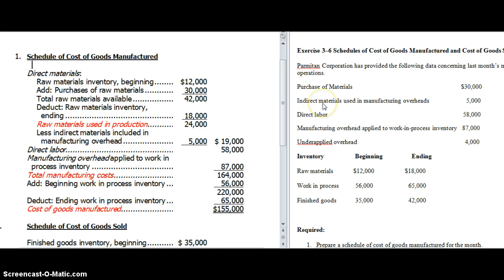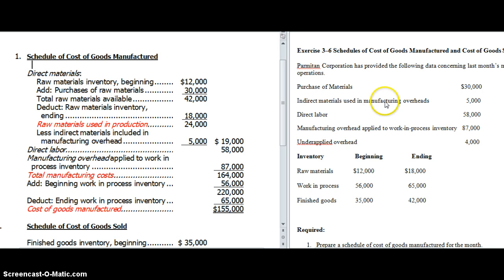Now the question also gives the indirect materials which has already been used in manufacturing overheads. So out of these materials which has been purchased and which is available, there were some indirect materials also, but that has already been included in the manufacturing overheads.